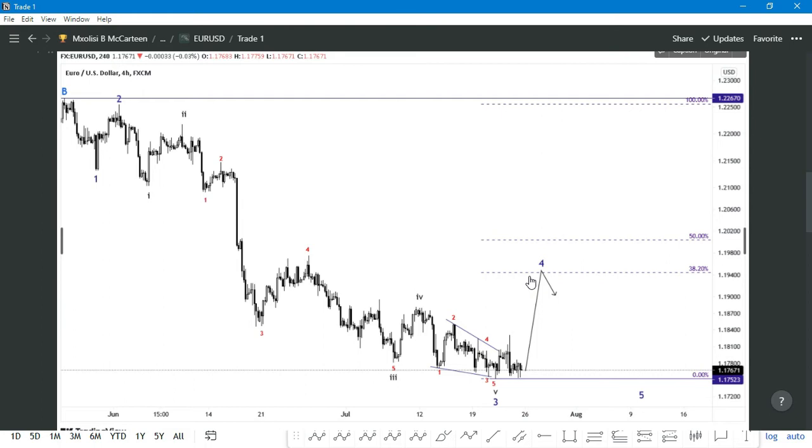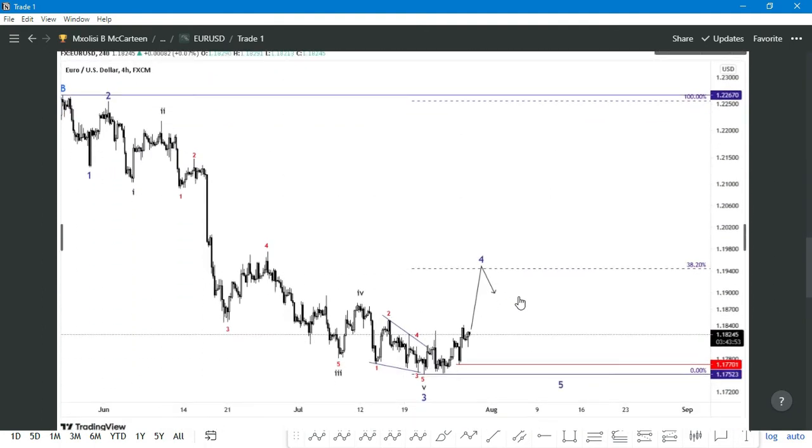According to the Elliott wave principle, it's not a rule, but a guideline, that the wave 4 move usually ends along the wave 4 of the previous degree. So this is the previous degree, and we can expect wave 4 to end at around these areas, which coincide with our 38.2 retracement level and our 50%. So these will be our focus targets.